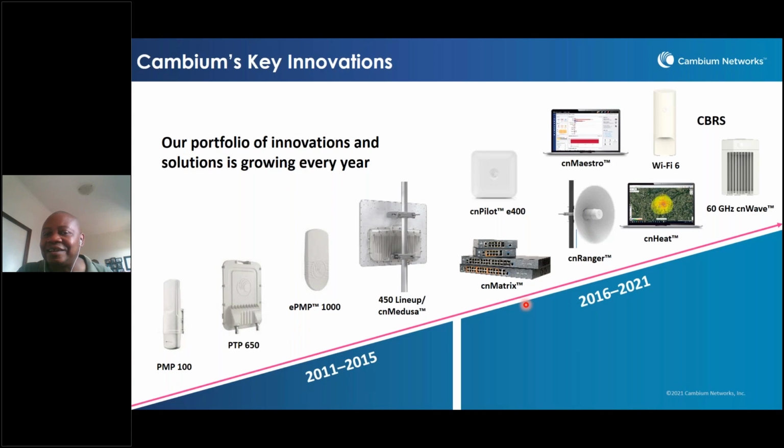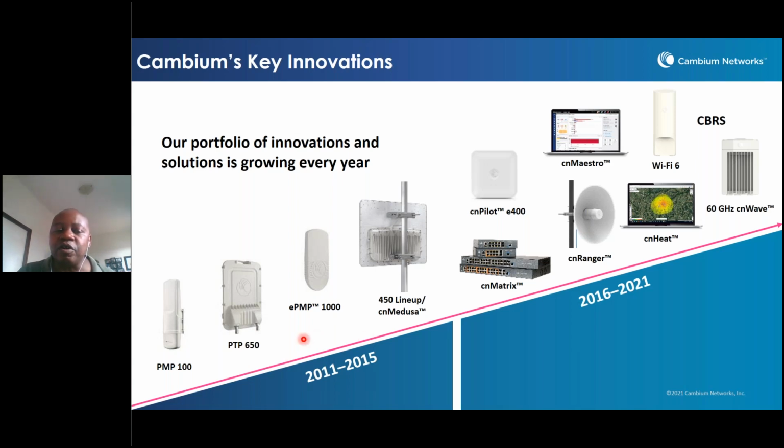Above all, we are a technology company, and so what I'm sharing with you is the number of platforms that we've added since inception, because Cambium came on the market in 2011. We're a spin-off from Motorola, a wireless division of Motorola. So since 2011 to date, these are the platforms that we've added.